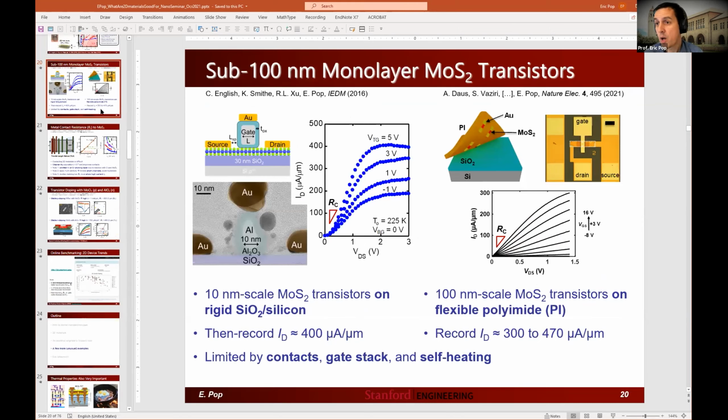The short answer is I want high current at low voltage. I want high current, higher than about 0.5 milliamp per micron at below 1 volt, both on the gate and the drain. That is the ultimate metric. I didn't write it down here, but that is the metric that we're going for. You can see for the drain, we're able to get it at 1 volt, which is okay. We're still contact limited, but on the gate, we're switching at much more than 1 volt.